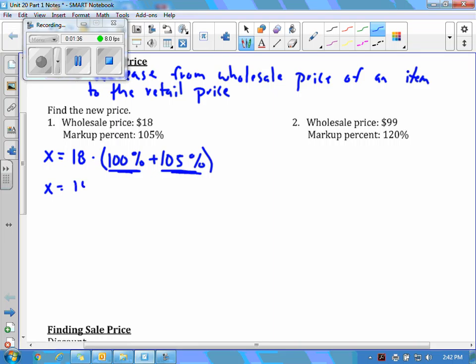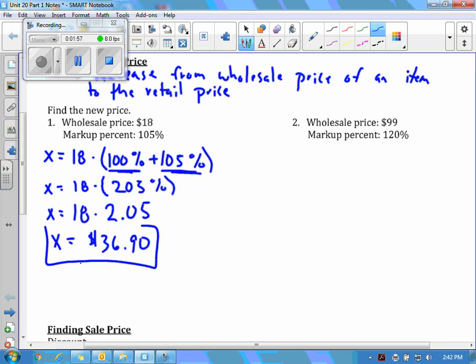So I'll get 18 times 205%, and then we know from last unit to actually multiply those, I need to turn 205 into a decimal, so that's 2.05. So my retail price would be $36.90.